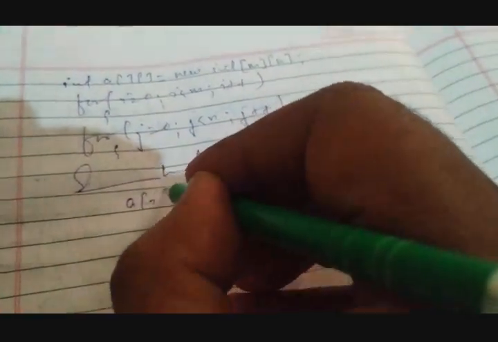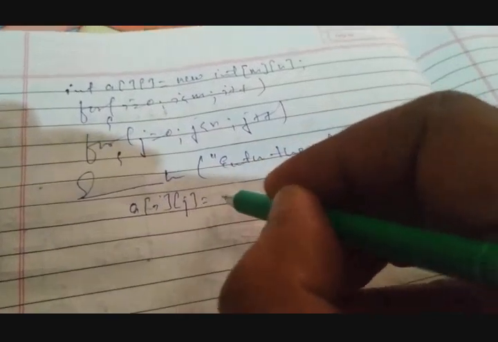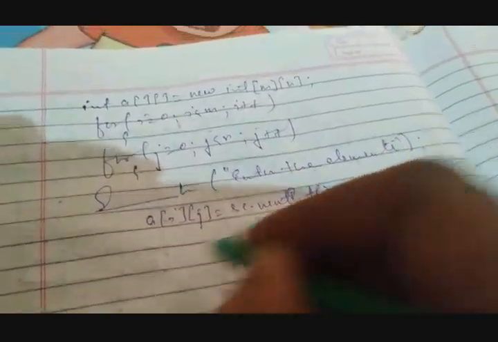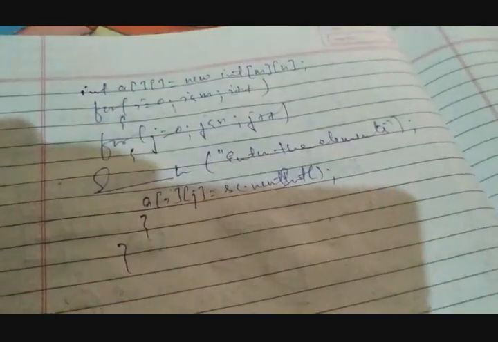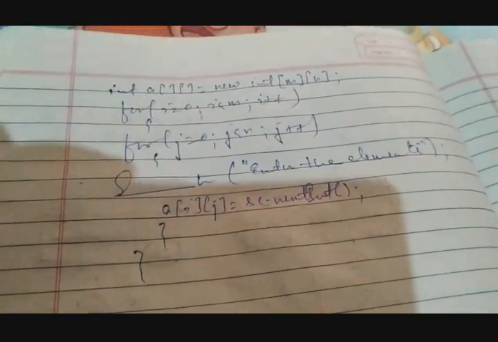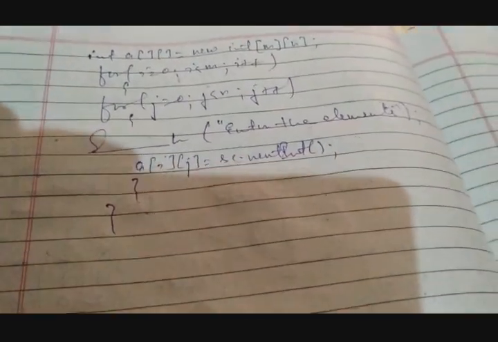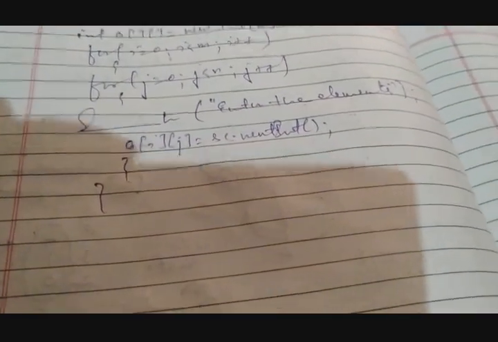A of i j equals sc.nextInt method, you close. The array is ready now. Now what do we need to do? We have to find the sum. So how are we going to find the sum?